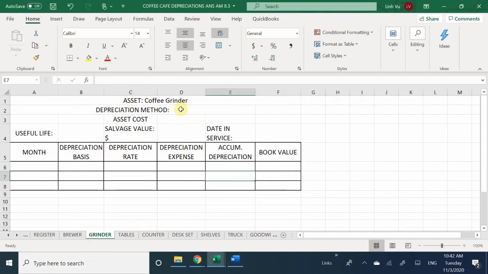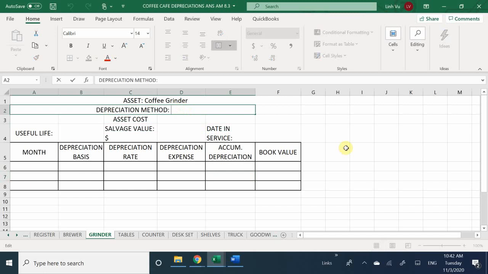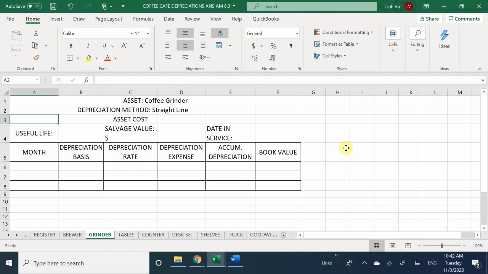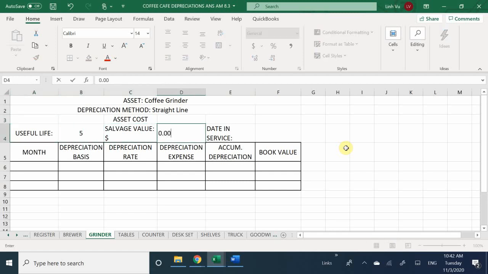Okay, so we know that our method is going to be straight line. We know that it's 5 years, no salvage value, and now we need to solve for what is our asset cost and when did we buy it.